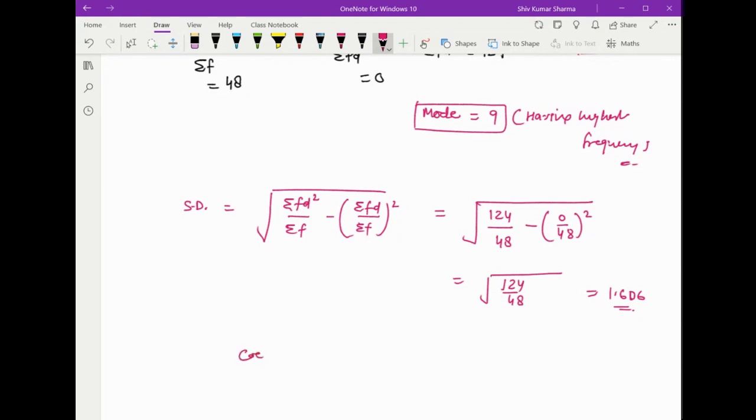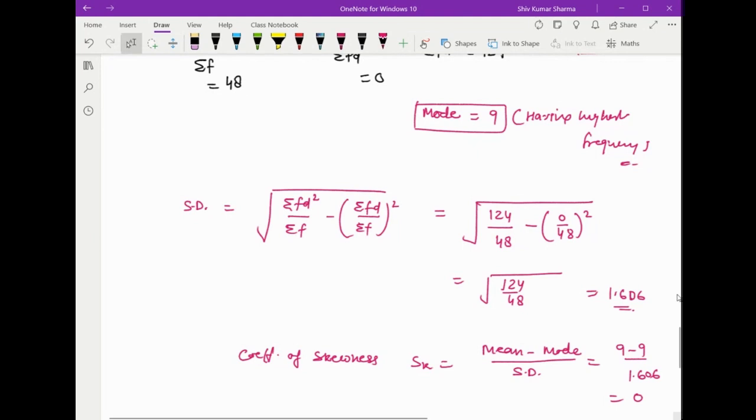So the coefficient of skewness Sk is equal to mean minus mode upon SD. This equals 9 minus 9 upon 1.606, which is equal to 0.